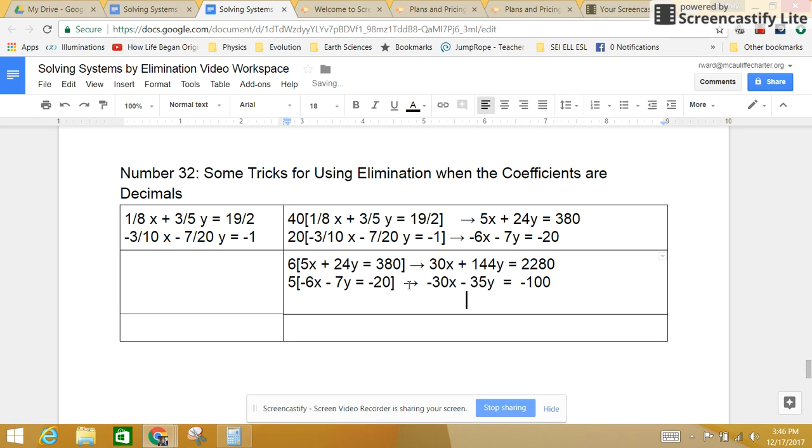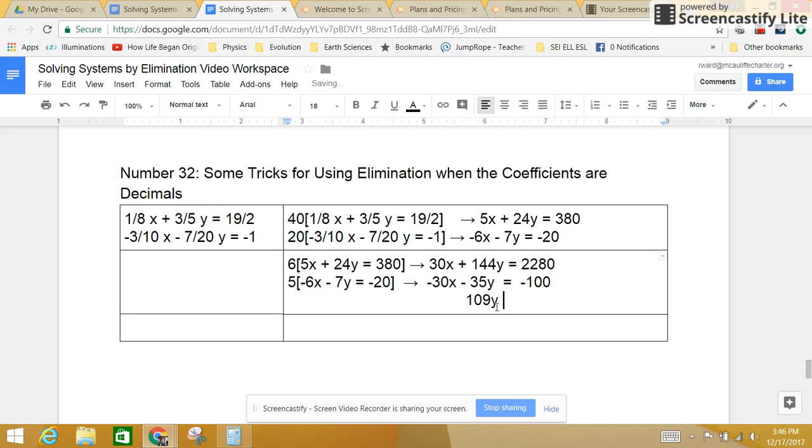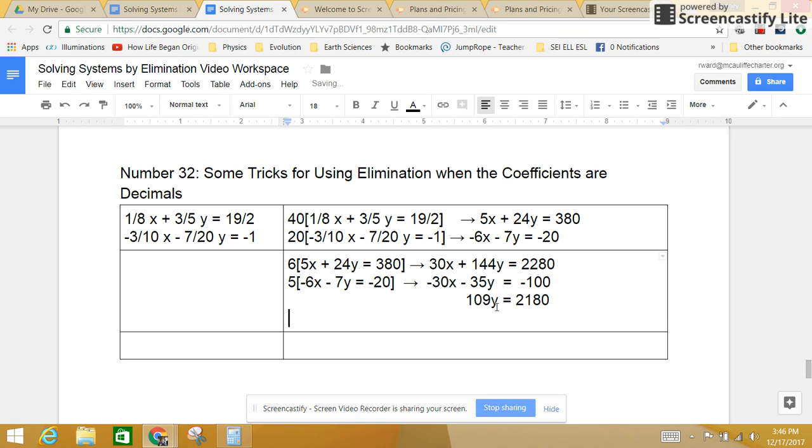So the x's will go away, and I'm going to get 109, I believe. I'm going to confirm that. 144 minus 35 is 109. So 109y equals 2180, because I'm adding, and I'm going to divide both sides by 109.